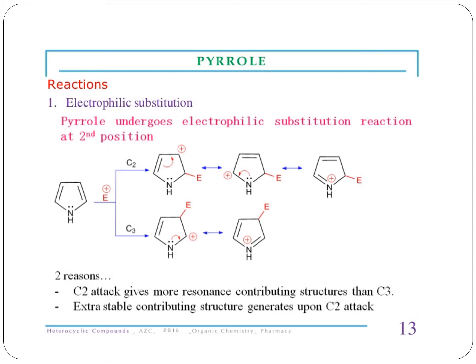So basically in pyrrole, electrophilic substitution occurs at C2 and C3 positions. Why? C2 attack gives more resonance contributing structures than C3, and an extra stable contributing structure is generated upon C2 attack. So electrophilic substitution is done on C2 and C3 positions.